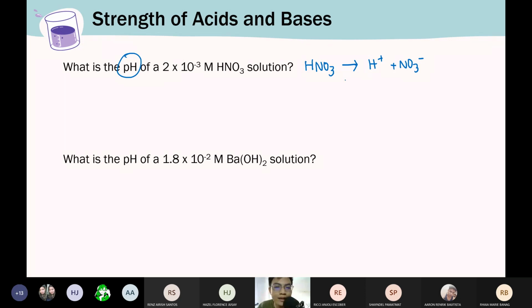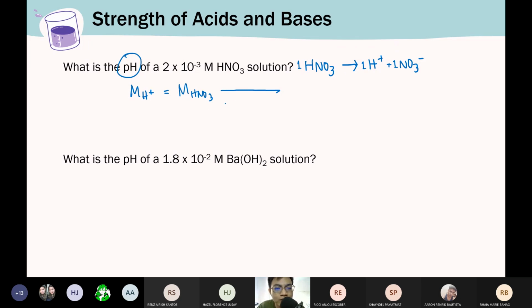And again, since this is full dissociation, we can get the concentration of the product. Okay? So again, if walang coefficient, meaning 1 mole lang sila. So we can convert the molarity of nitric acid into the molarity of H plus. How can we do it? You get the molarity of nitric acid and multiply it by the stoichiometric factor.